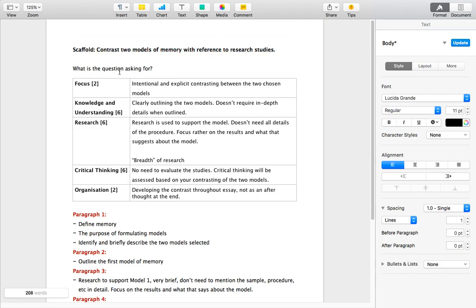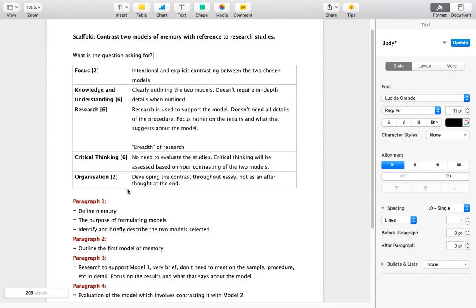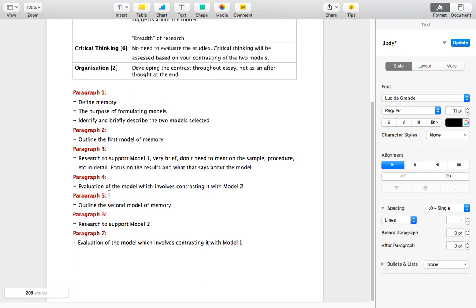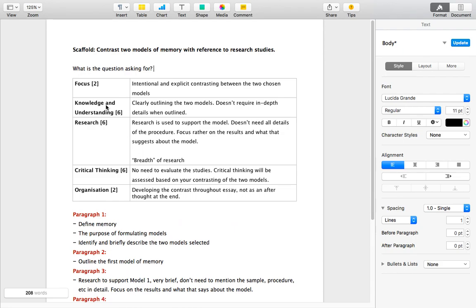I'm going to run you through it first as the criteria and then go into how you would divide your essay. To begin with, the focus, which is for 2 marks, will require you to be very intentional and explicit in contrasting between the two chosen models. You have to be very clear in making points of difference.